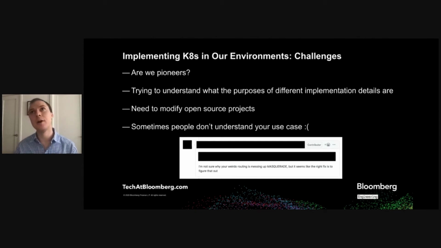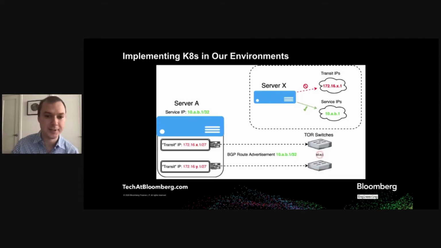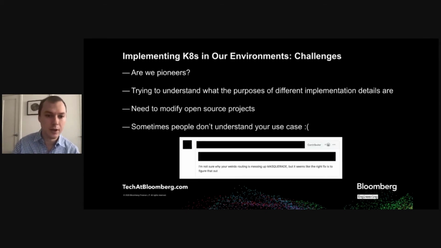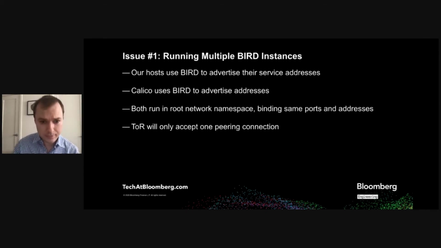You may have to figure out post hoc what certain implementation details are supposed to do, like why a certain iptables rule exists, or why routing is set up in a certain way. Maybe that's in the code, maybe that's nowhere, and you just have to figure out on your own why that is. And sometimes people don't understand your use case. If you go back to this slide, this is a little tough to explain in a GitHub issue. People may not understand why you need the feature that you need. So that can be a little challenging as well.